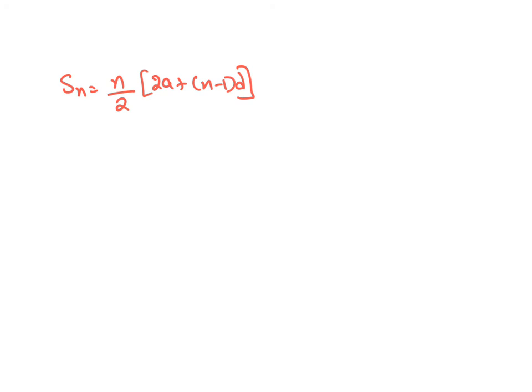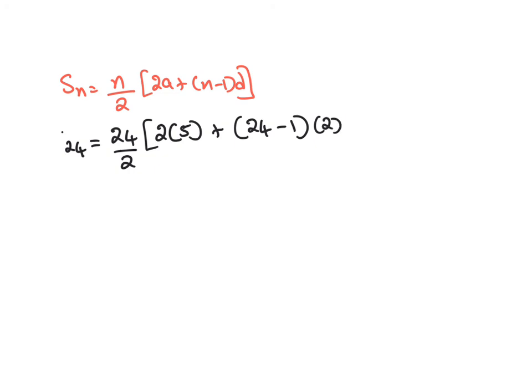We know what's the formula to find the sum of n terms. Over here in this problem, we are finding the sum of the first 24 terms. So S24 is equal to the number of terms n, 24 over 2 times 2a, what was our first term? 5, plus n, 24 minus 1, times what was the common difference? 2.